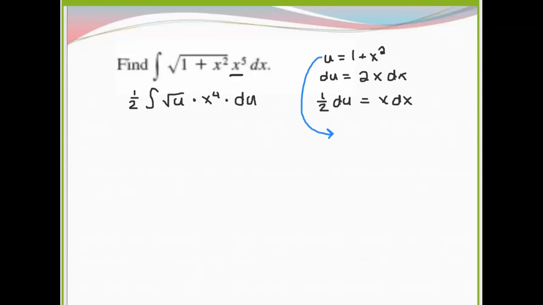You're going to rearrange that u. So now u minus 1 is x squared. Well, if I need x to the 4th, how do I get x squared to become x to the 4th? You square it.